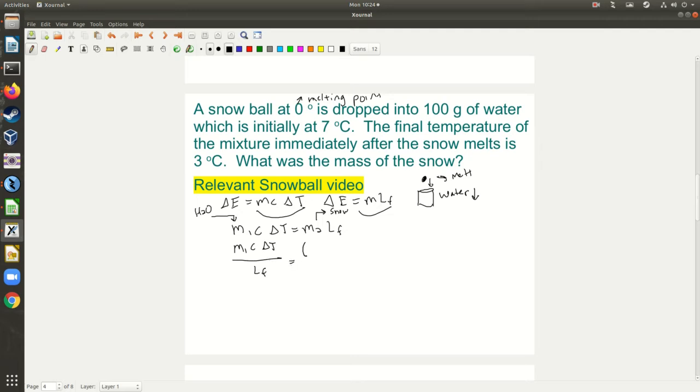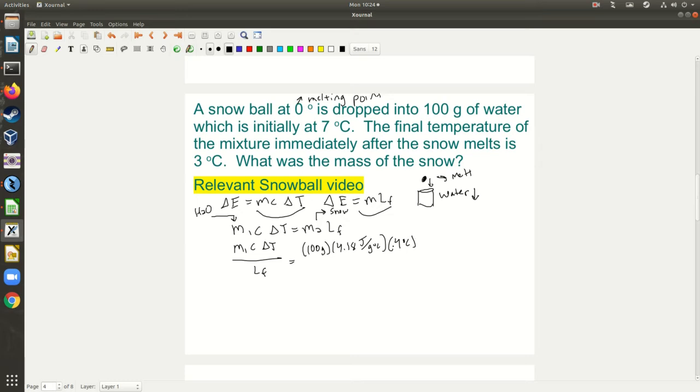And plugging in what I know, my water is 100 grams. Specific heat of water was 4.18 joules per gram degree Celsius. And the change in temperature goes from 7 to 3. I'm just looking for absolute values here, so I'll just put in a 4. Yeah, it does have a negative to it.